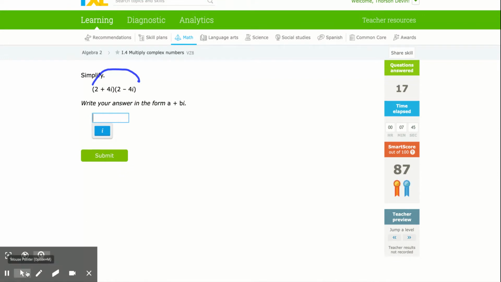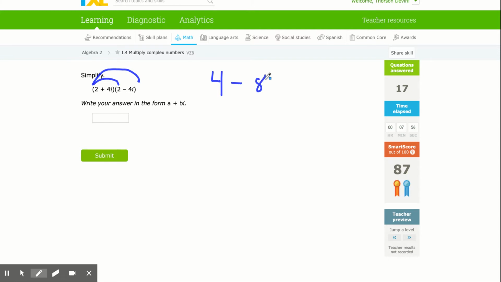Okay, here, again, following our pattern, distributing, actually I want to do the 2 times the 2 first, that's 4. Then we'll do the 2 times the negative 4i, that's going to be negative 8i. Now I'm going to do the 4i times the 2, that's going to be a plus 8i. And then I'm going to multiply the 4i times the negative 4i.